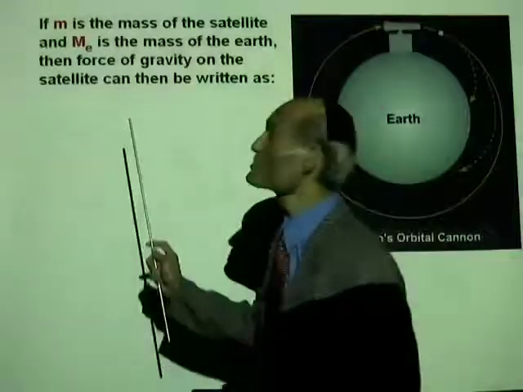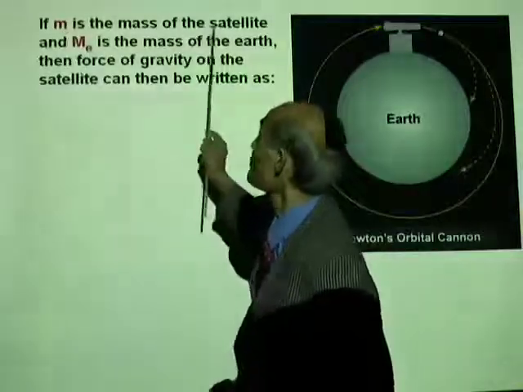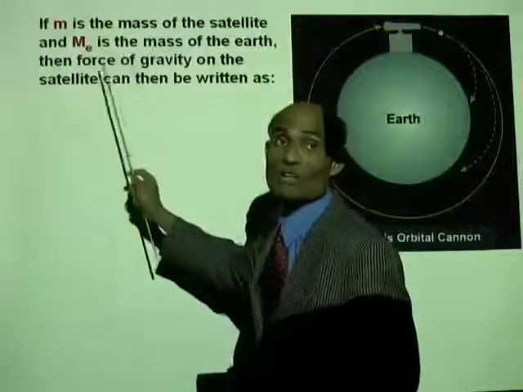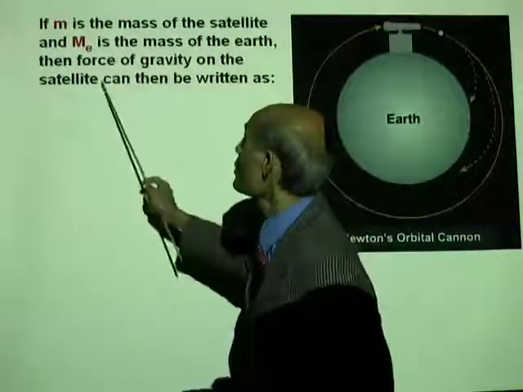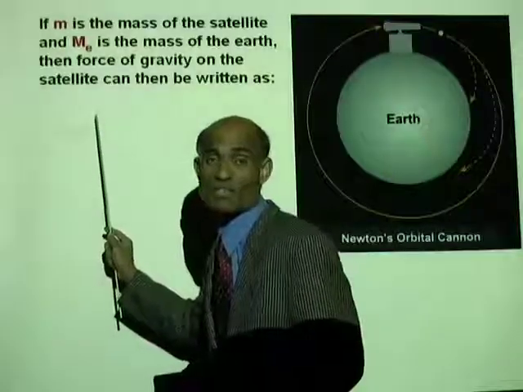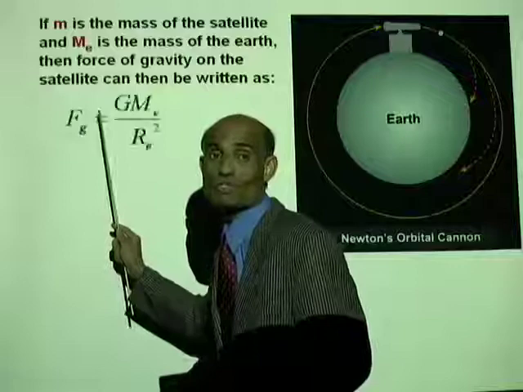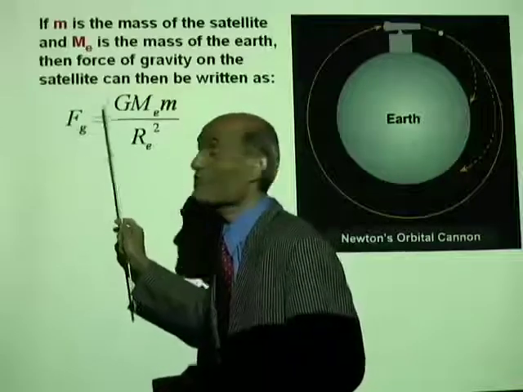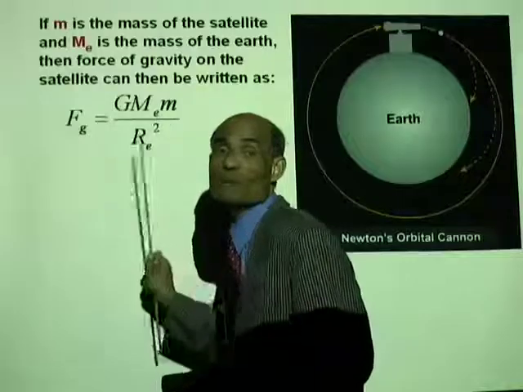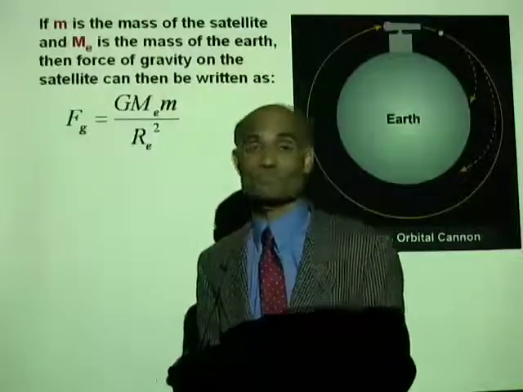Therefore, we can write an equation now. If m is the mass of the satellite and ME is the mass of the Earth, the force of gravity on this satellite can be written as, alright, can you write that equation? What is the force of gravity? Force of gravity is G ME m over RE squared.